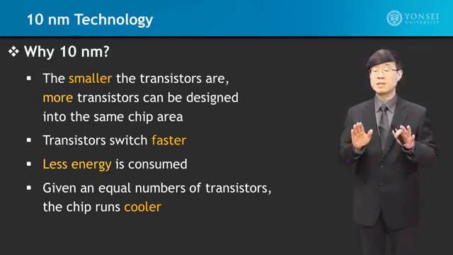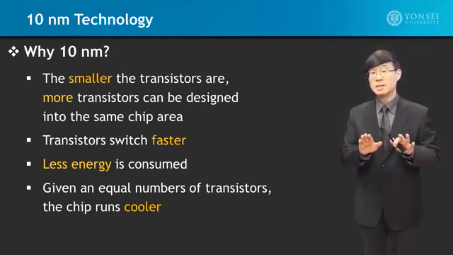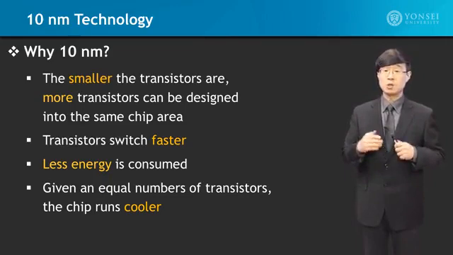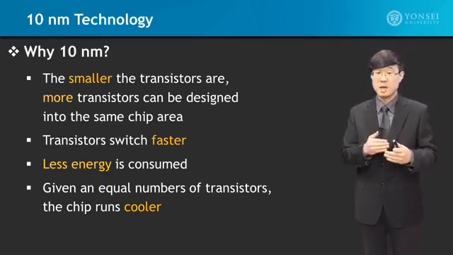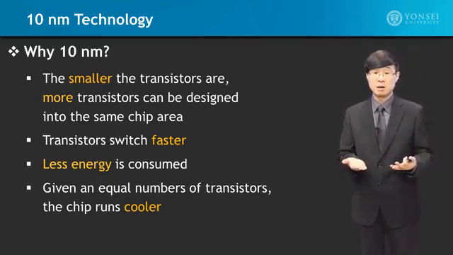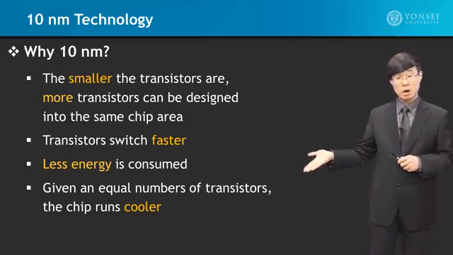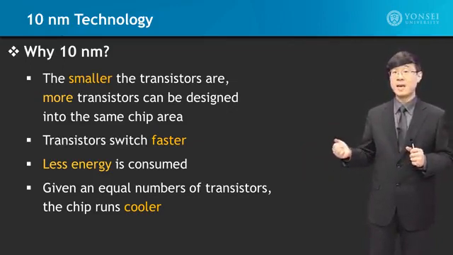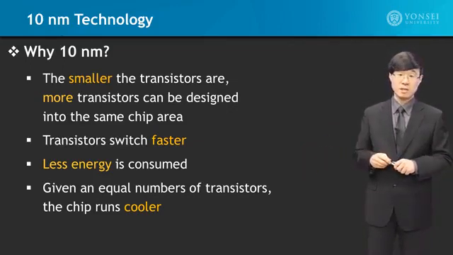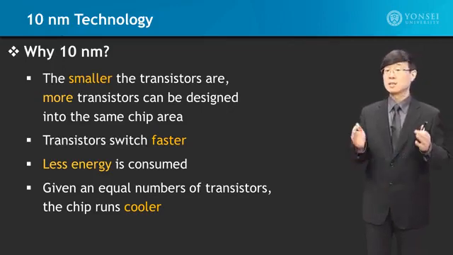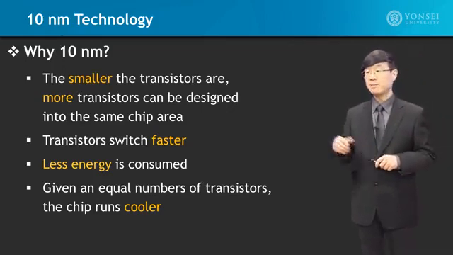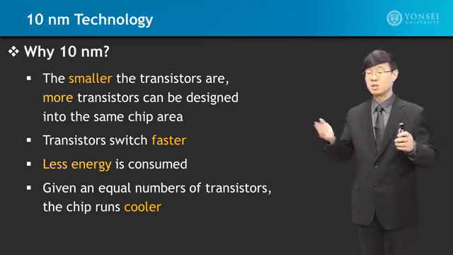The heat component is a waste of energy because you want processes to get done. You don't want it to be used as a heater. So having cooler operations means that you're wasting less energy, saving more energy, and the device has a much longer lifeline.